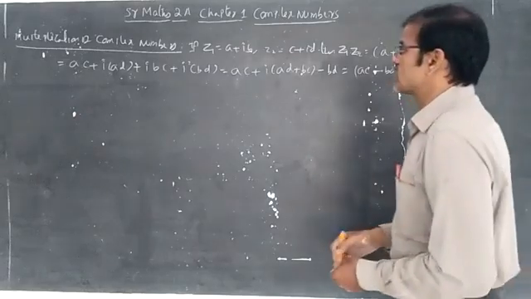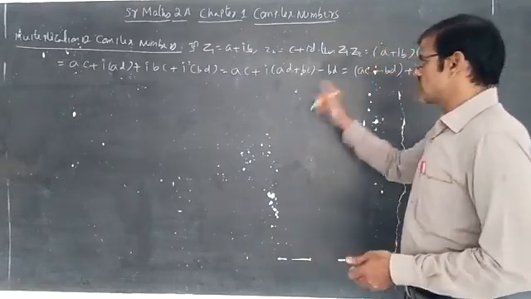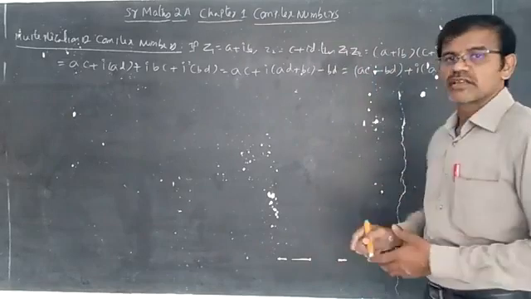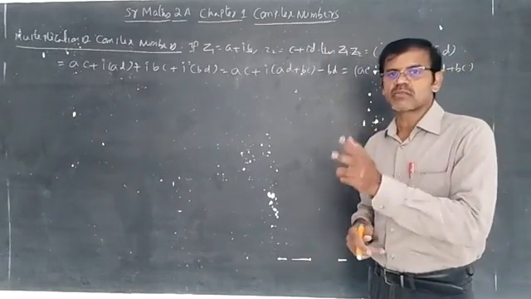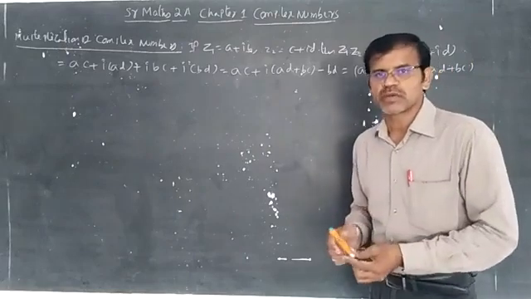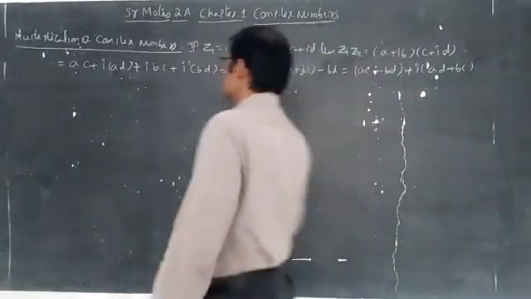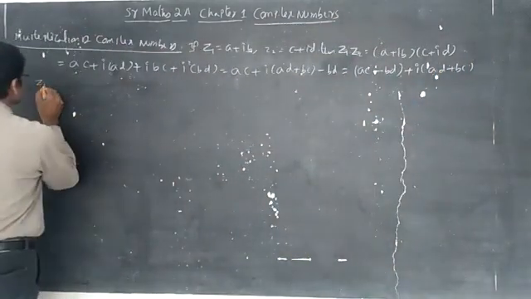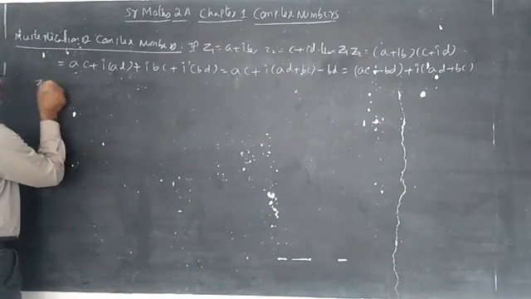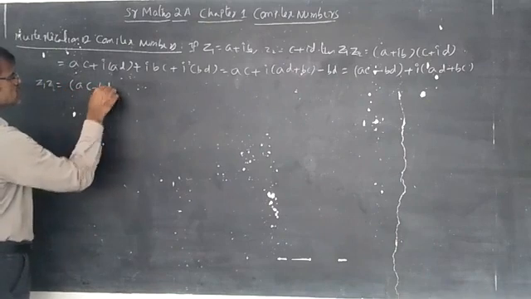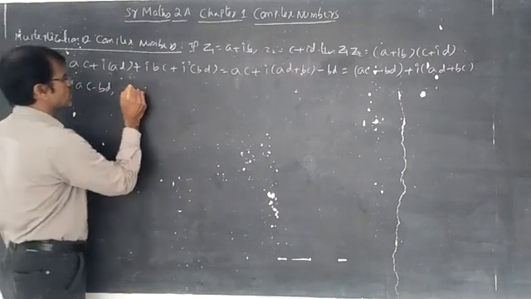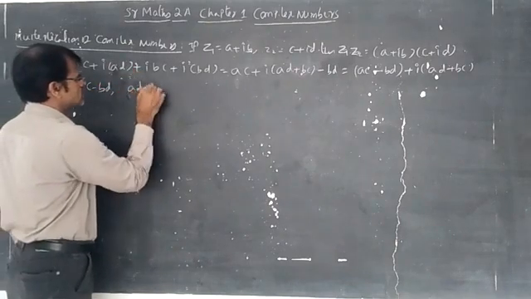You can understand that real part into real part and imaginary part into imaginary part becomes real part, and imaginary part into real part, and real part into imaginary part becomes imaginary part. So Z1 into Z2 you can write within the brackets as (AC minus BD, AD plus BC).